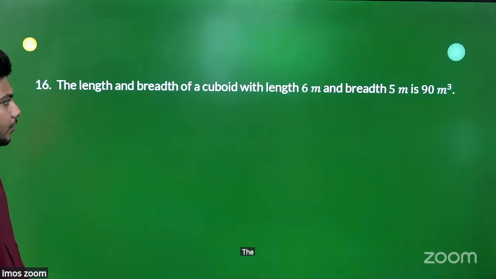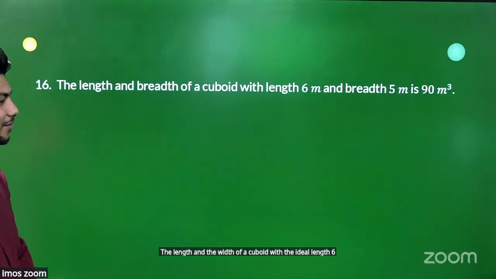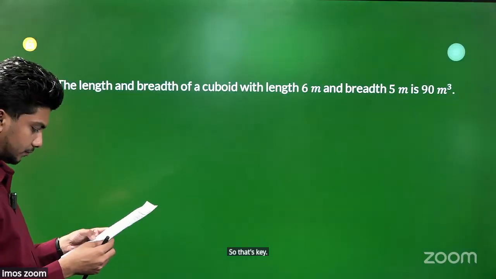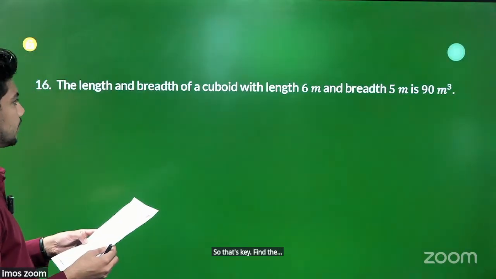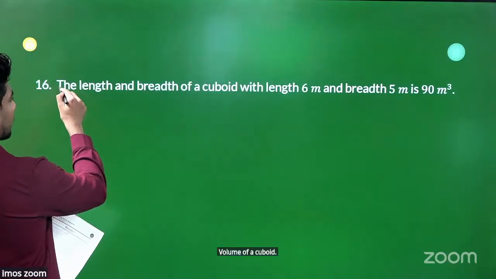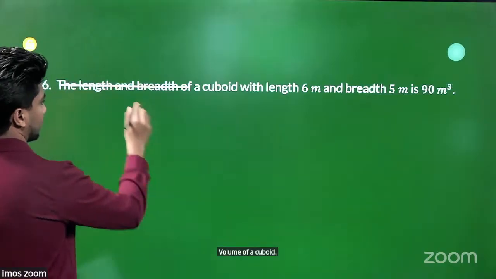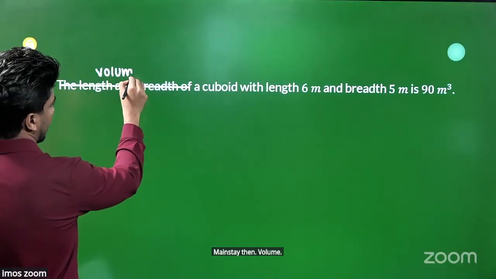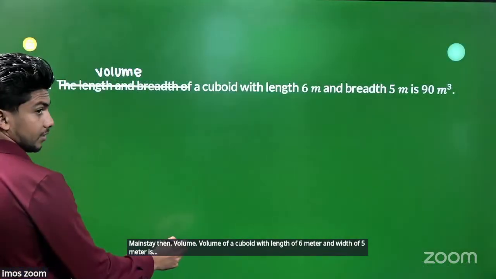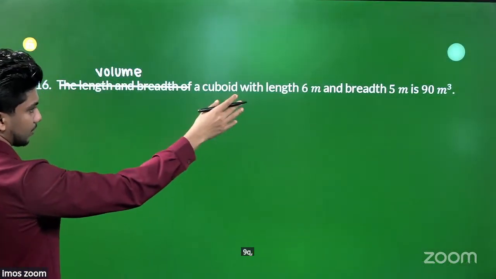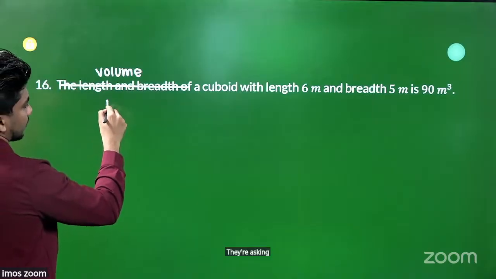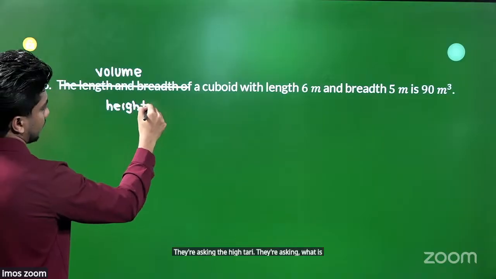The question is a bit off here. It should be: the volume of a cuboid with length 6 meters and breadth 5 meters is 90 cubic meters. They're asking what is the height of the cuboid.